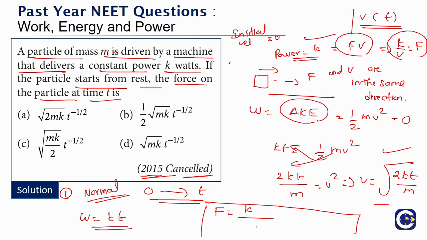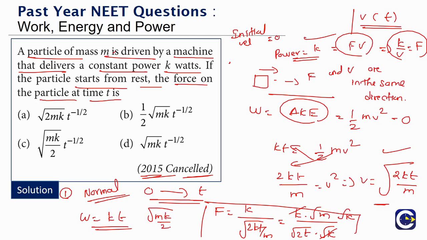K divided by V is K divided by root 2 kt by m. So K into root m divided by root 2t into root k. So this will get cancelled. So what do we have? Finally, in the numerator, 1 root k will remain, so root mk.